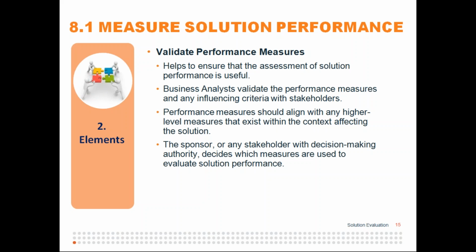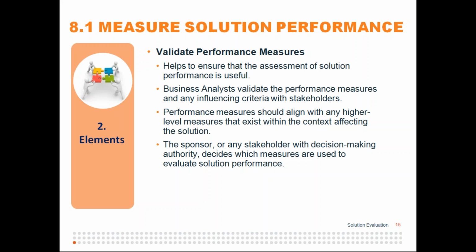Performance measures should align with any higher level measures that exist within the context affecting the solution. I think one of the first questions from the business perspective should always be, what are we evaluating and why? So again, we need to set specific, realistic performance goals that trace back to our business case.